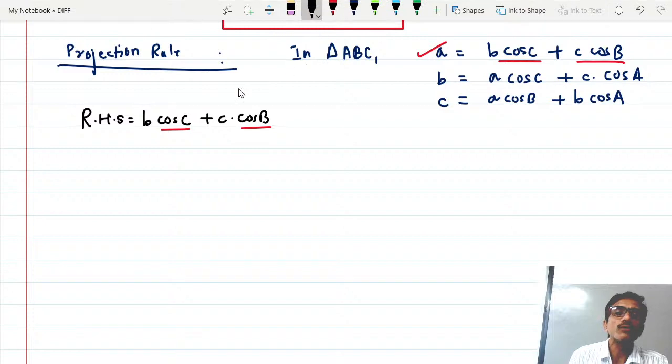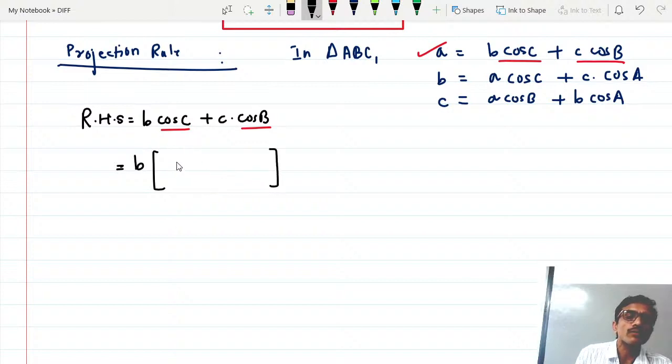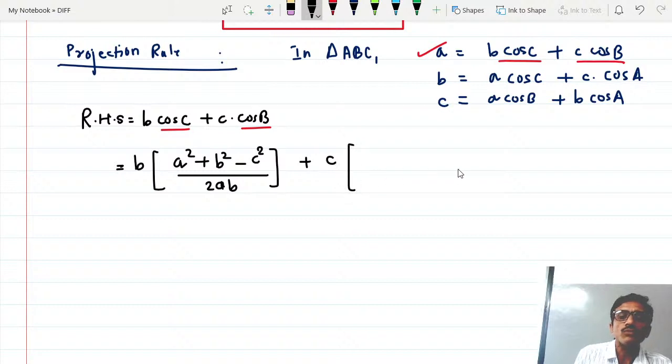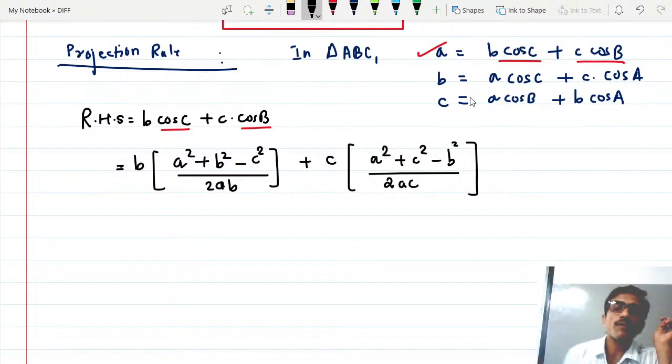By using the cosine rule, cos C is equal to a square plus b square minus c square upon 2ab, and c into cos B, where cos B is a square plus c square minus b square upon 2ac. This is by the cosine rule.